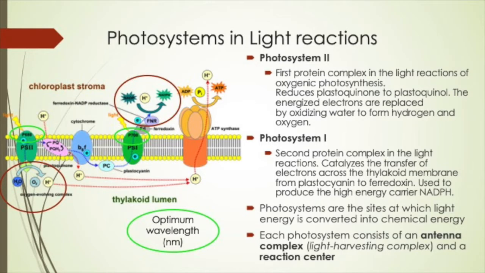What is the wavelength of light that the chlorophyll A molecule in this photosystem absorbs? In photosystem 1, what wavelength of light does it absorb? Photosystem 1 absorbs 700 nanometers, and then photosystem 2 absorbs 680 nanometers. What are the main products of photosystem 1?